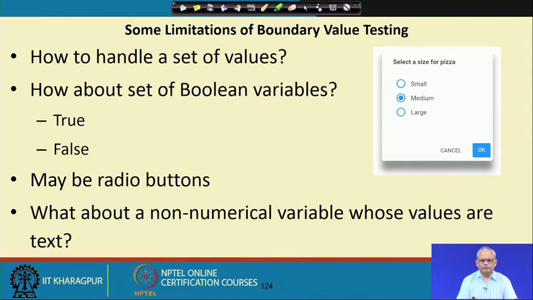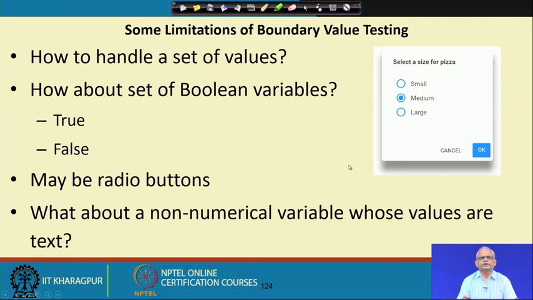But the main problem with boundary value testing is that if we have a set of values, we do not have boundary there. What about Boolean values? There also we do not have boundaries. What about radio buttons like this? These can be considered like Boolean variables, either they are on or off.